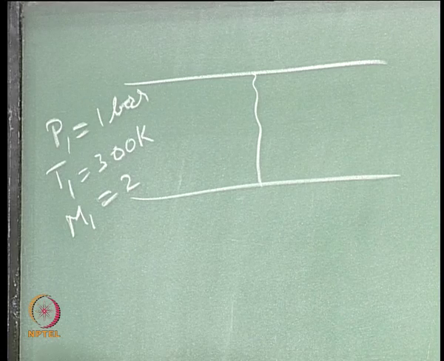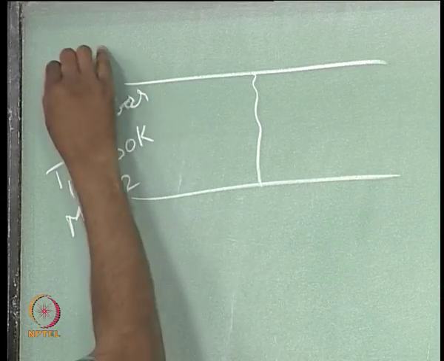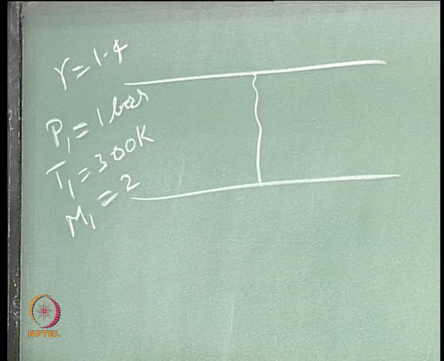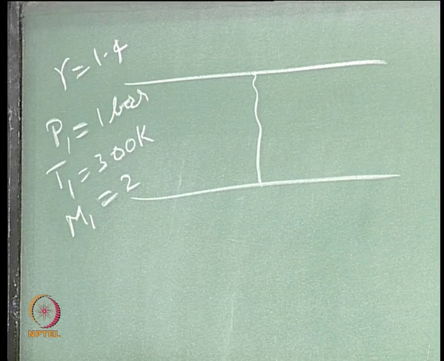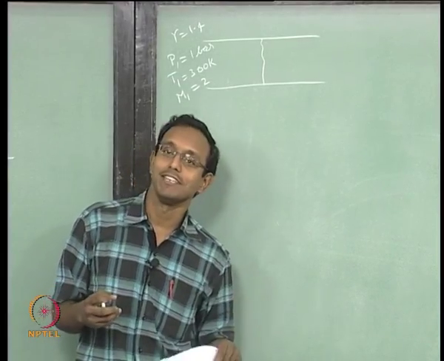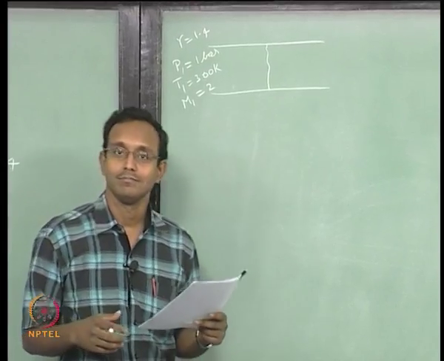This is air with gamma equal to 1.4, and I want you to find the entropy change per unit mass for the air passing through this shock.